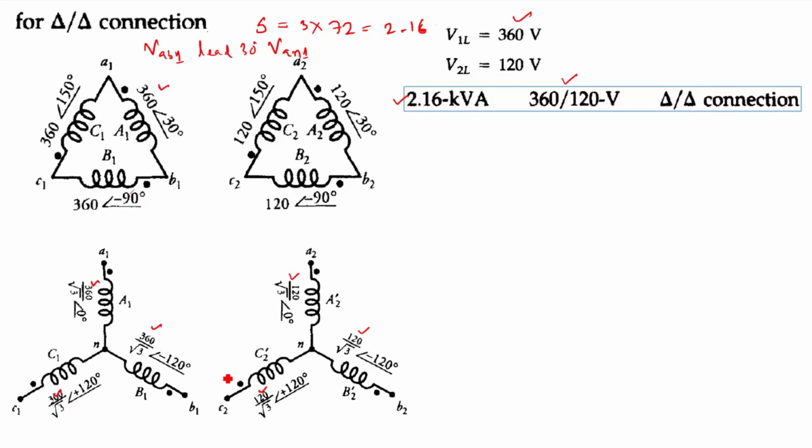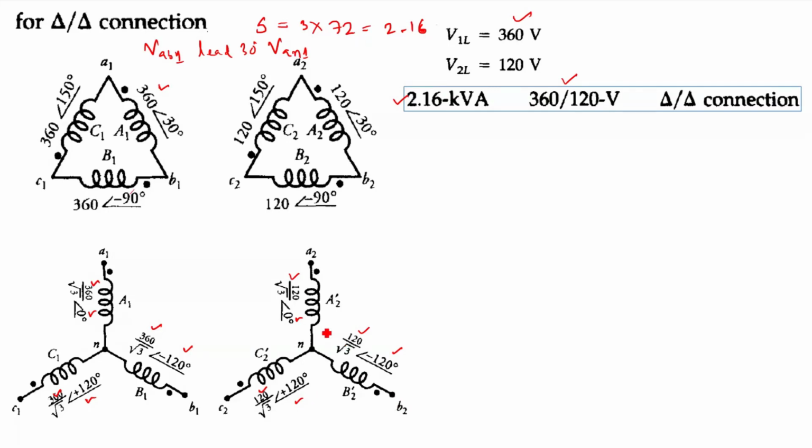And your angle, as already told, VAN1 will become phase angle 0 degree, and then VBN1 will be minus 120, VCN1 will be plus 120. Similarly, here also VAN2 will have phase angle 0 degree, then minus 120 and plus 120 for VBN2 and VCN2 respectively.